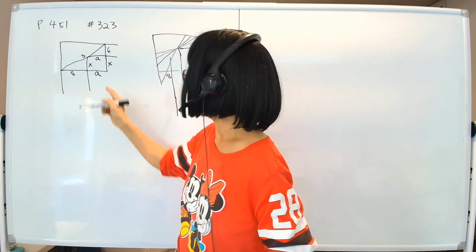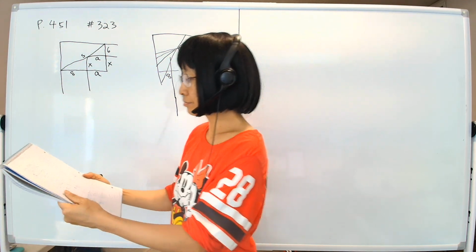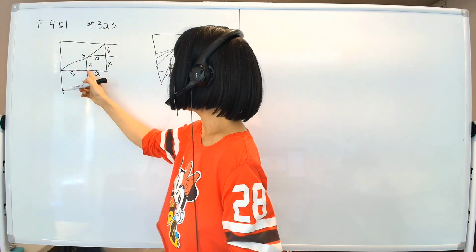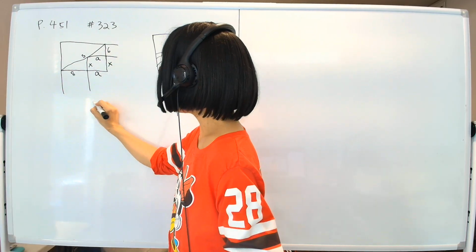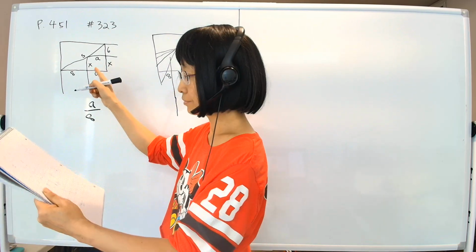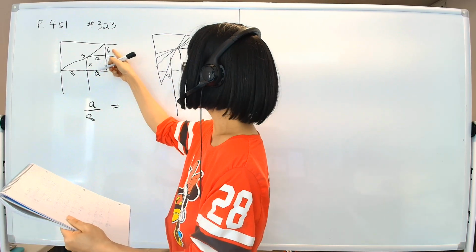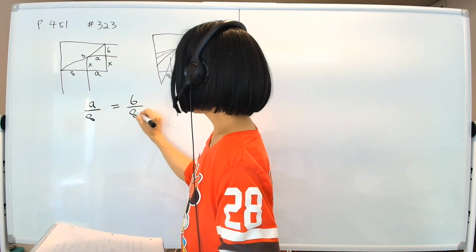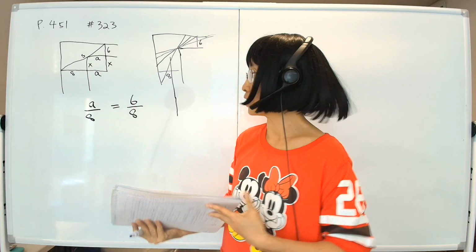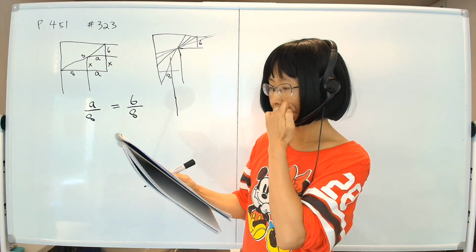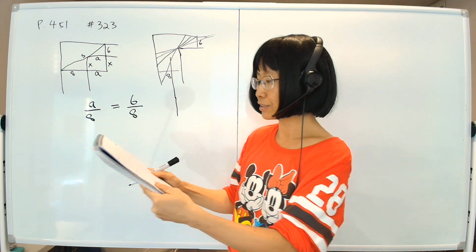To be exact, a over the bigger triangle's bottom, a divided by 8, is going to be equal to 6 divided by x. That's one of the rules of similar triangles. Their sides are proportional. That's the first relationship we have.